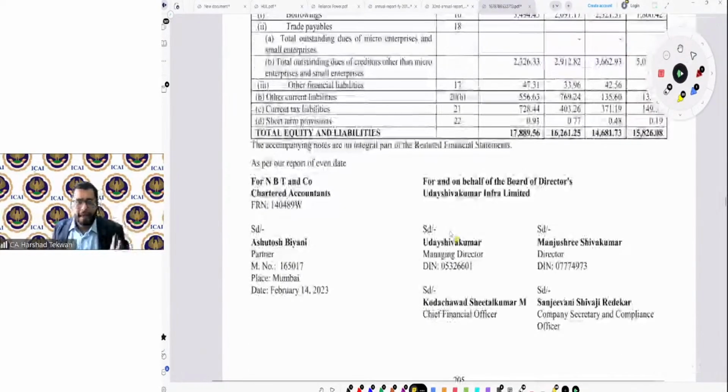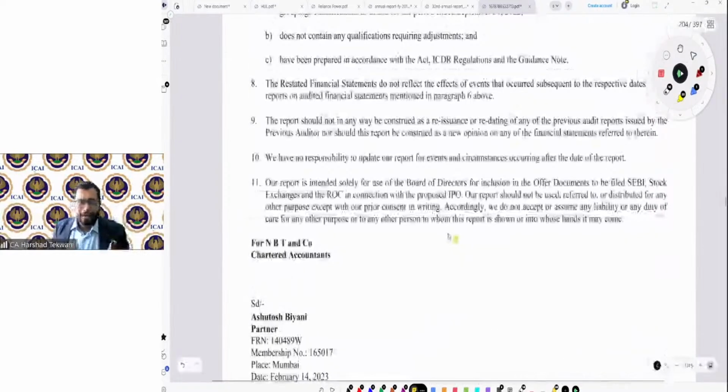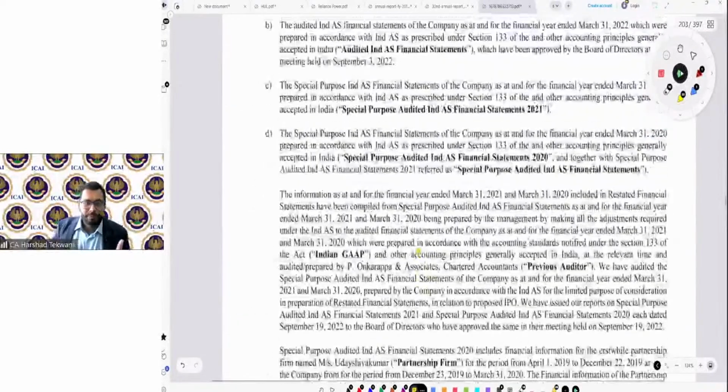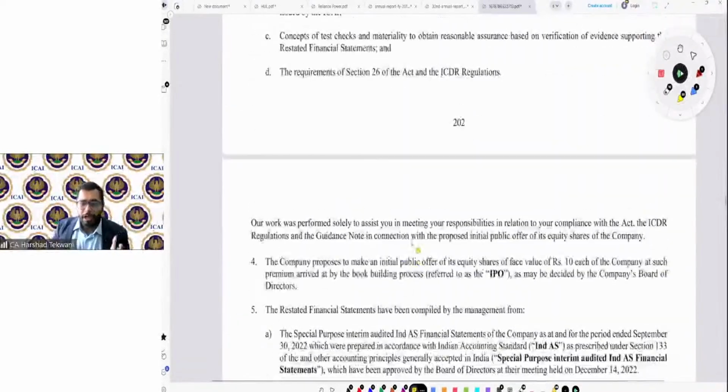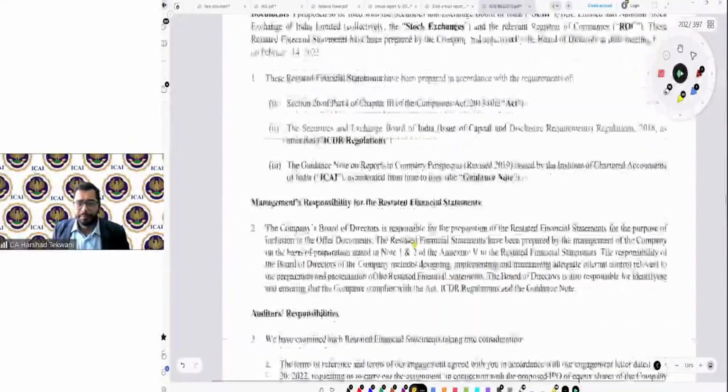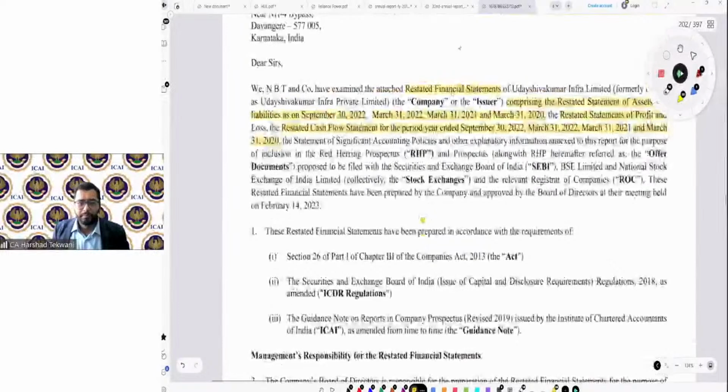This I can say is a comparative financial statement, and here I am issuing an opinion on the comparative financial statement. These are not the corresponding figures. So this can be considered as an example of a comparative financial statement.